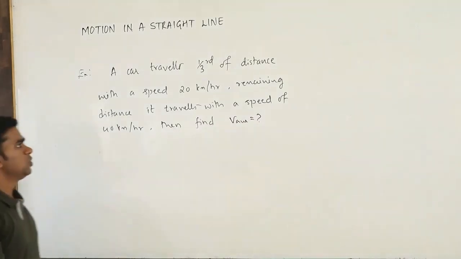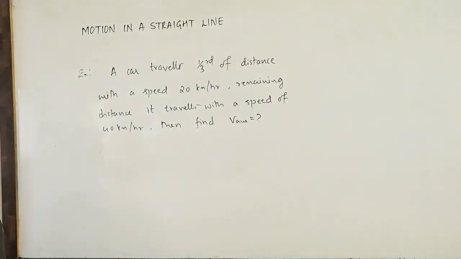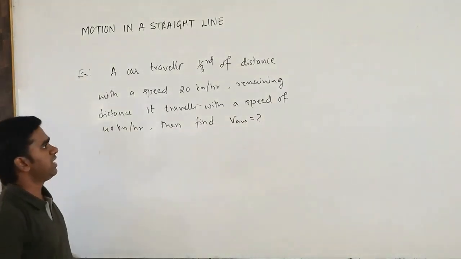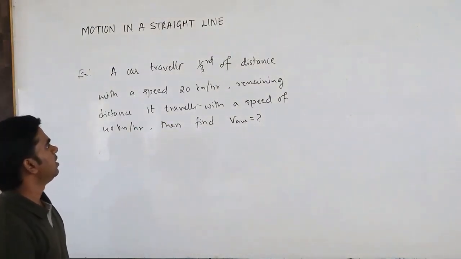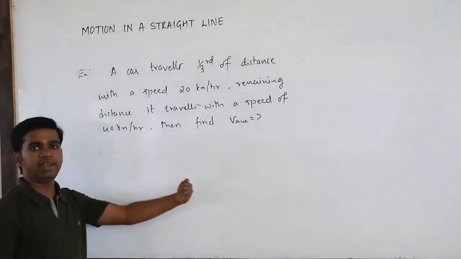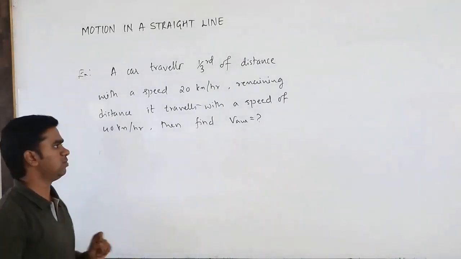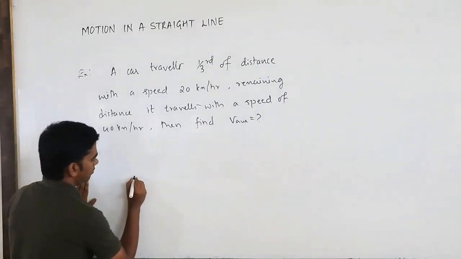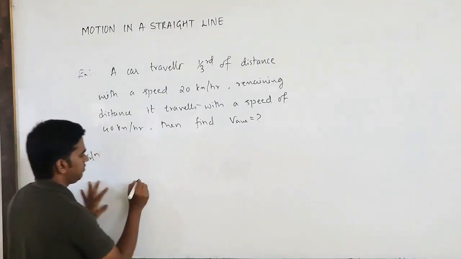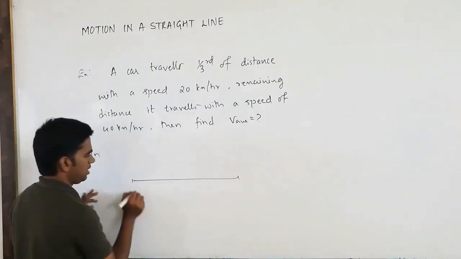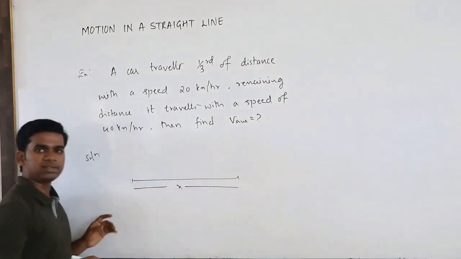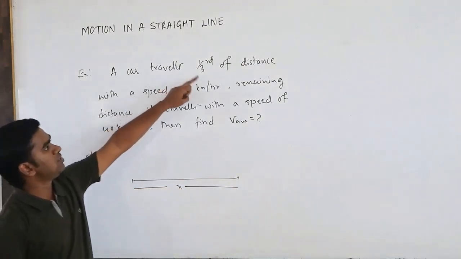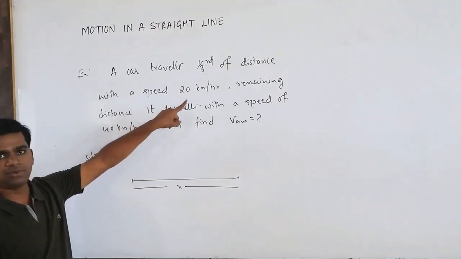Now distance is not given properly, and time is also not given, but they have given a hint. If you take the total distance as x, 1/3 of the distance is with a speed of 20 kilometers.